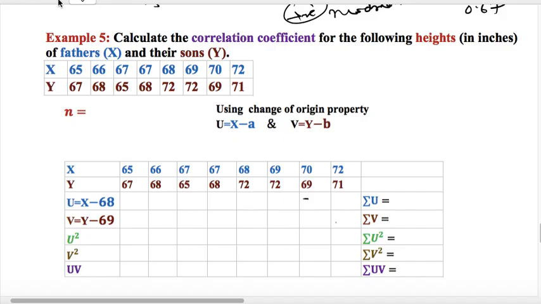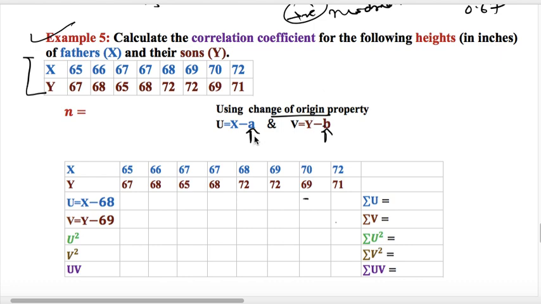So in the last example, I am going to take data which is 2-digit numbers, and we are going to find the correlation coefficient with the help of change of origin. What we will do is subtract a number a from all the x values and a number b from the y values. There is no hard and fast rule for selecting a and b, but it should be as central as possible, so that some values become negative and some become positive, of 1 digit, making the question easy.